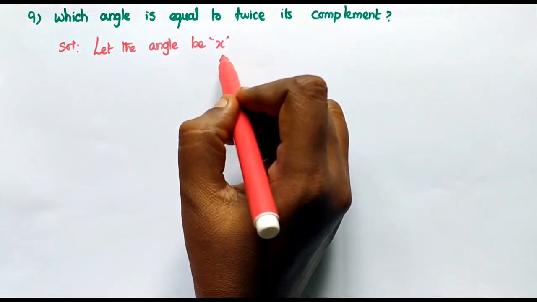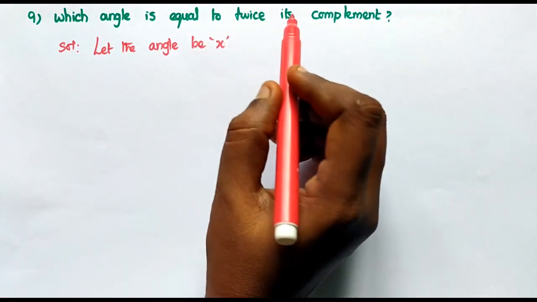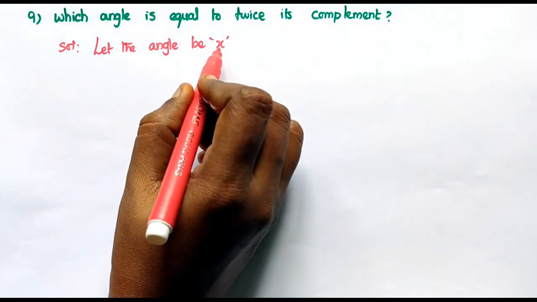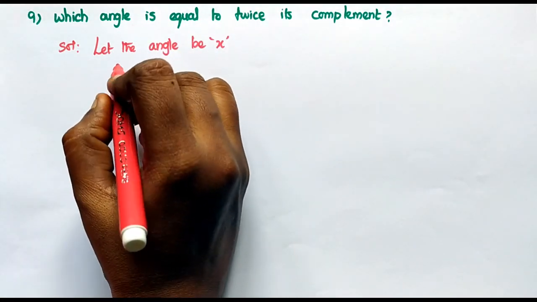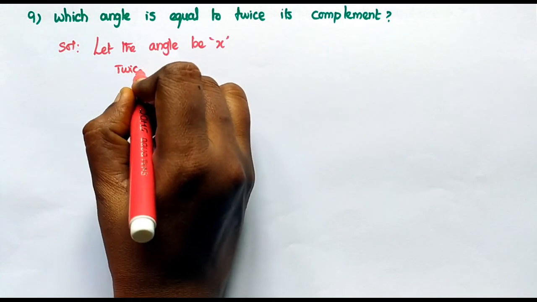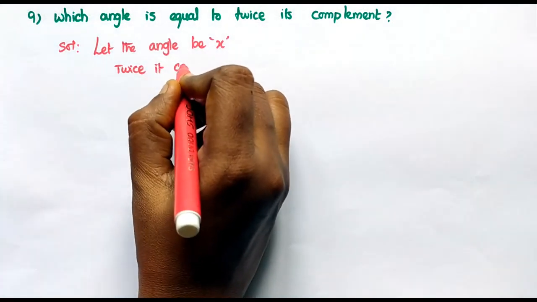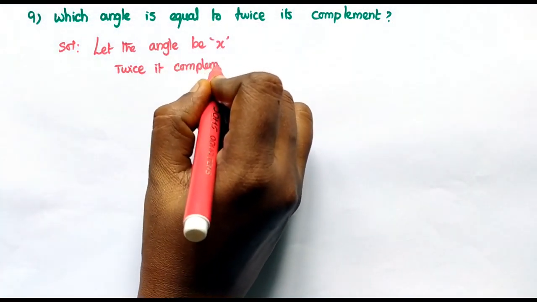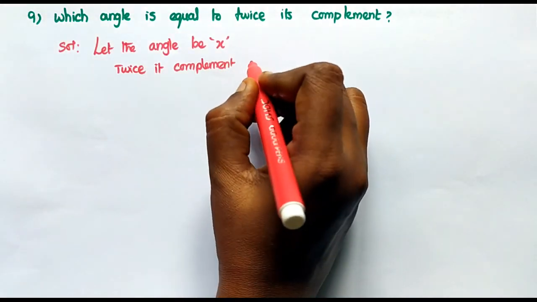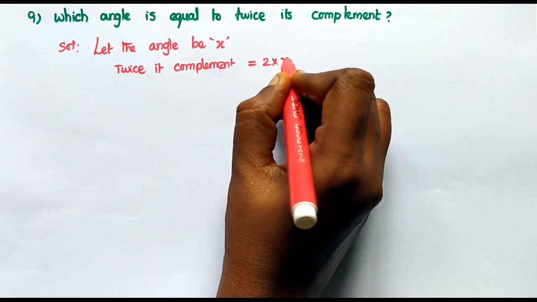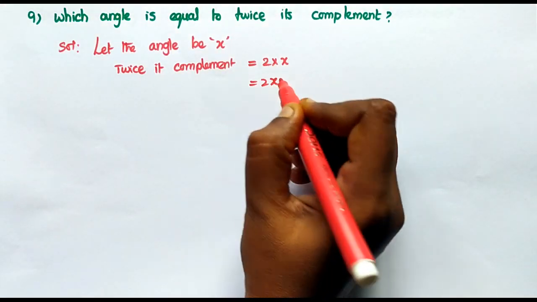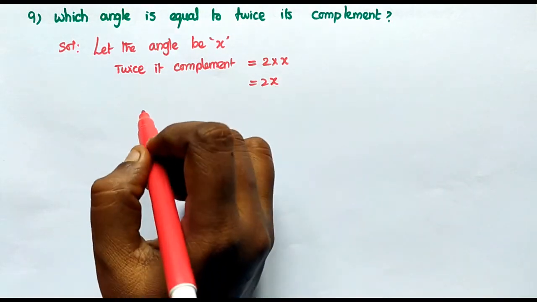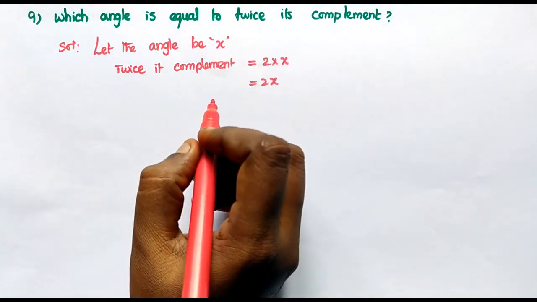One is x, another one is twice its complement, means twice of x. So twice its complement equal to 2 into x, that is 2x. They given that it is complementary.